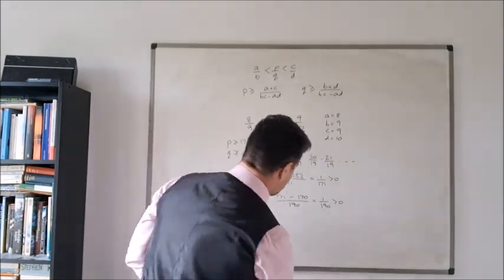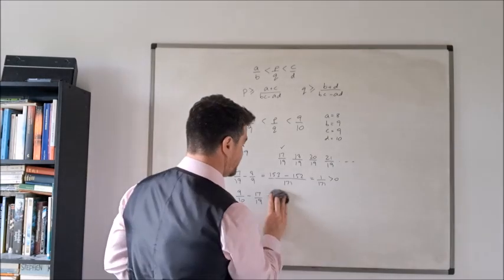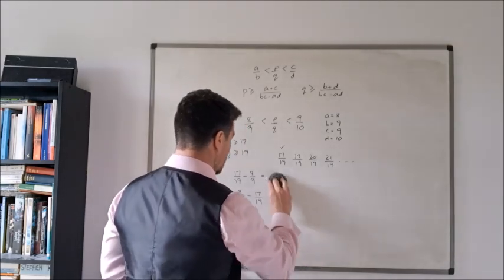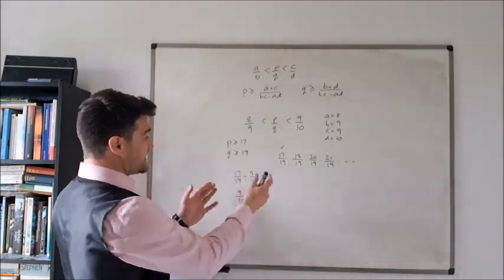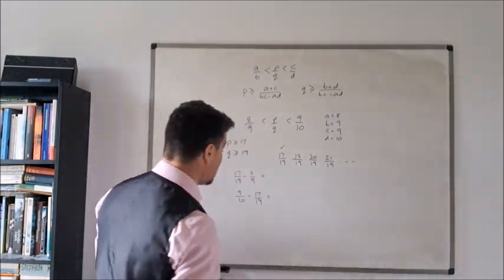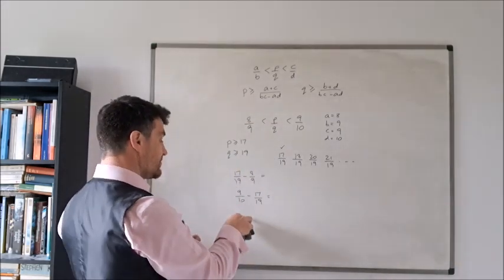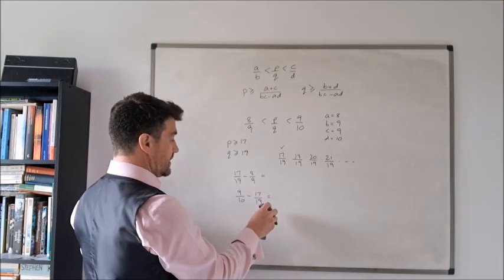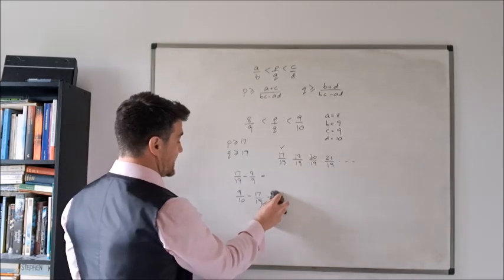What about 18/19? Well, obviously 18/19 is greater than 17/19, so it's definitely going to be greater than 8/9. But is 18/19 less than or greater than 9/10?